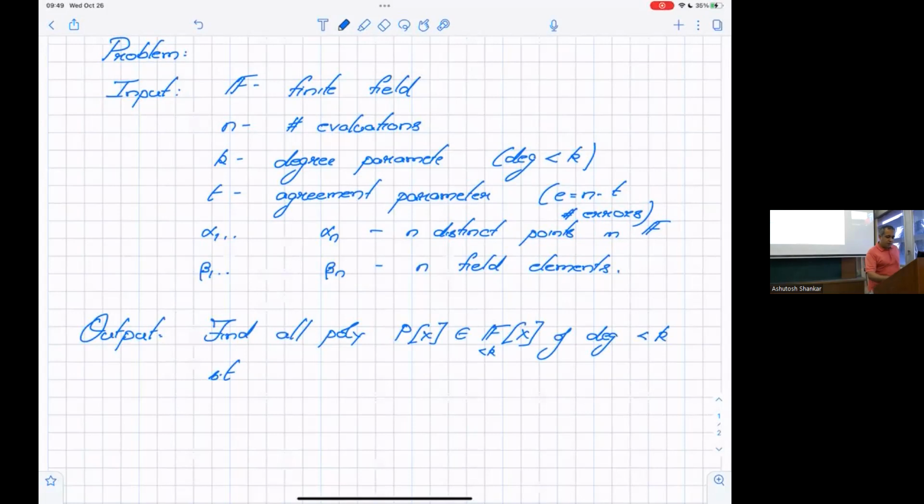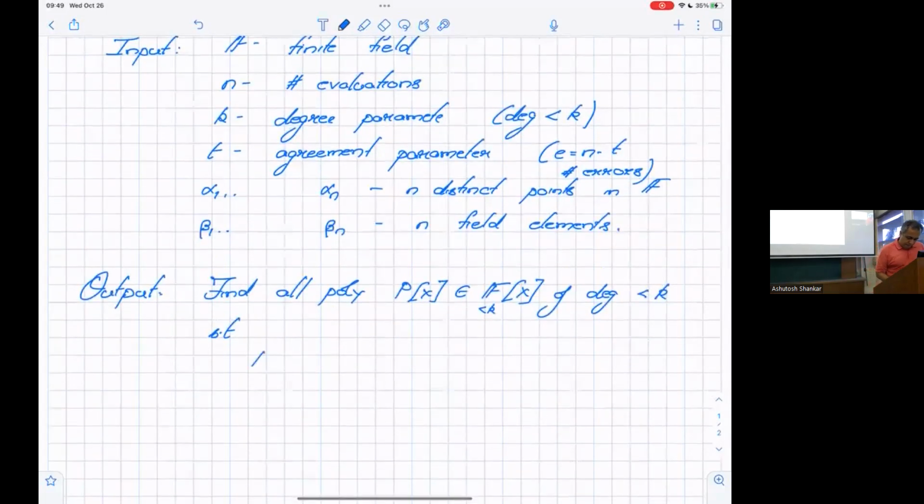That is, the number of i in 1 to n such that p(alpha_i) equals beta_i is at least t.